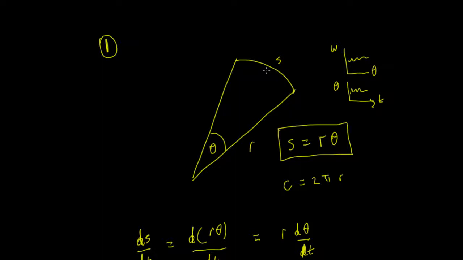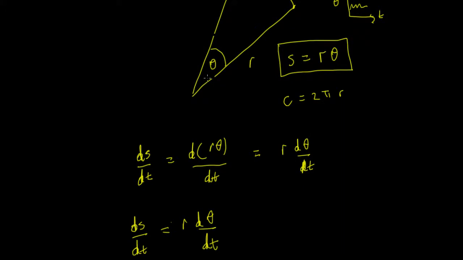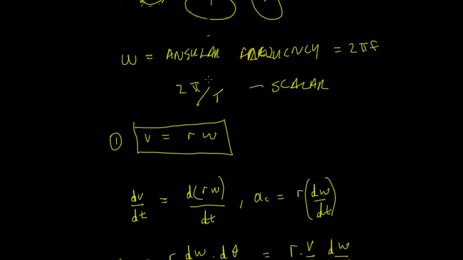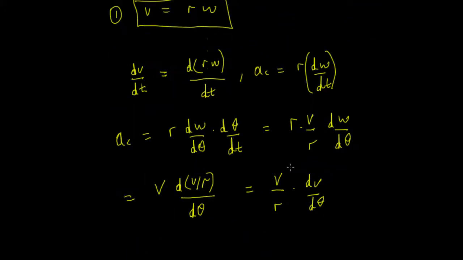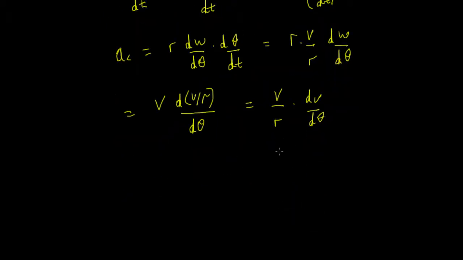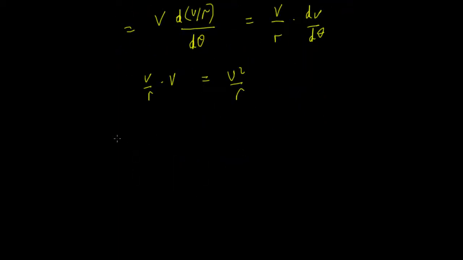So as this angle theta changes, the velocity still just remains the same. So that dv by d theta is just a constant, and the constant is just the velocity. So you can rewrite that as v upon r times the value of v, which is v squared upon r. Okay, so you can say that angular acceleration is just going to equal the value of v squared upon r.